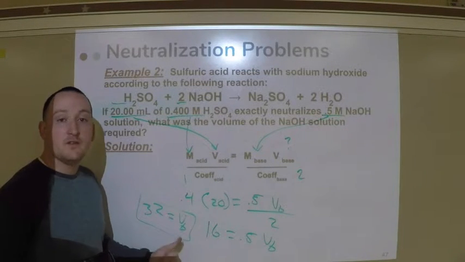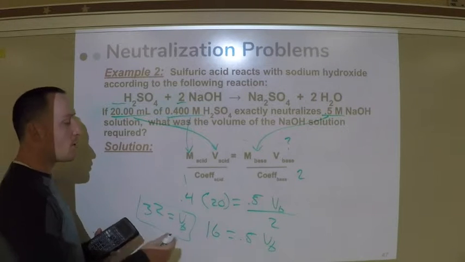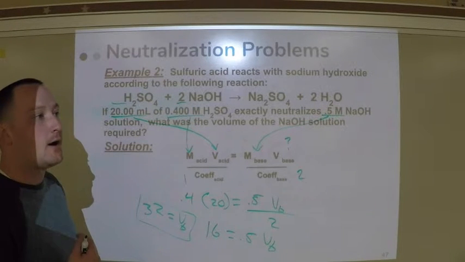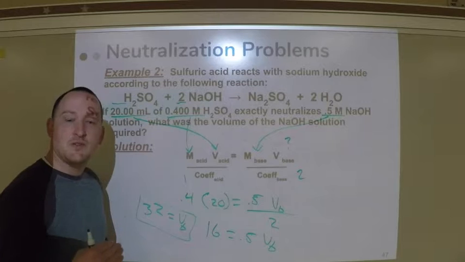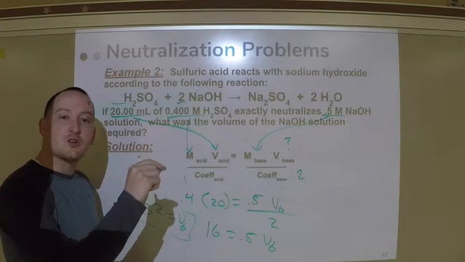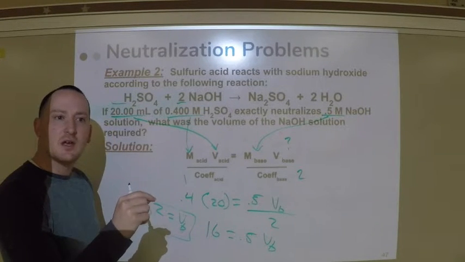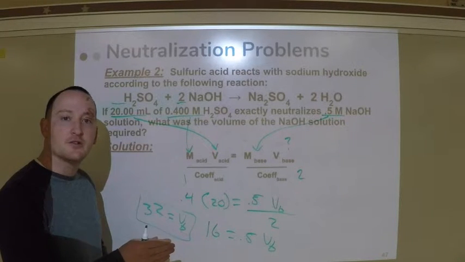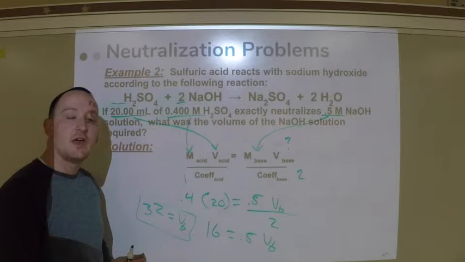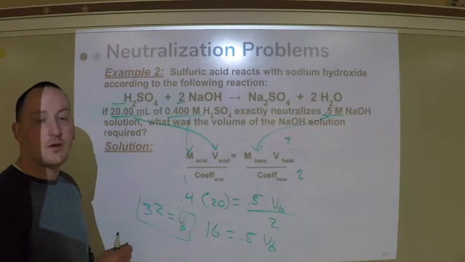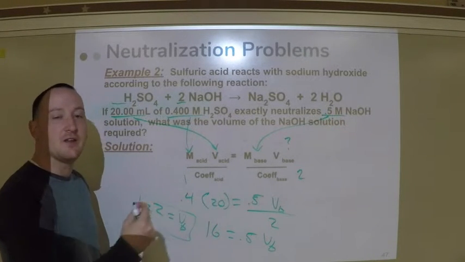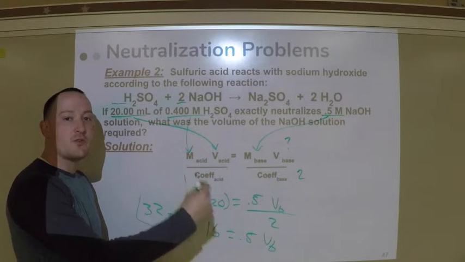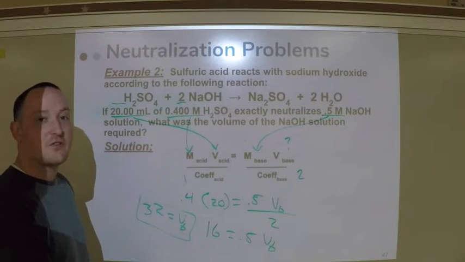Well, if I wanted to know the units of this, remember in our PV over T equals PV over T equations, remember how the pressure and volume on those equations didn't necessarily have to be in atmospheres, or it didn't necessarily have to be in liters. What I always told you was, it doesn't matter what the unit is, as long as the pressure on each side is the same unit, or as long as the volume on the other side is the same unit.